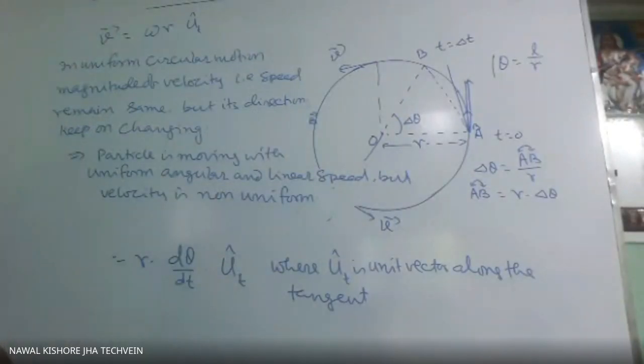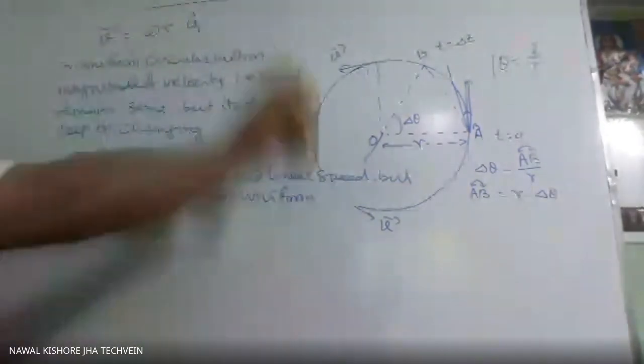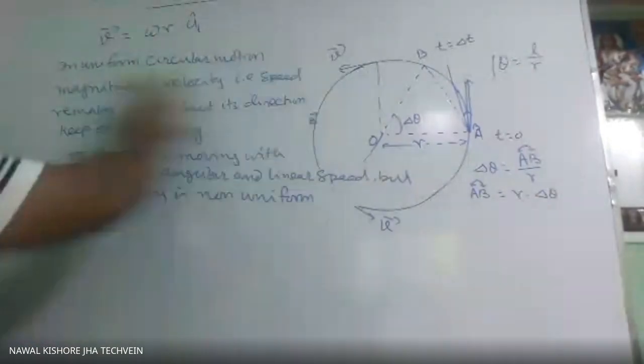So if velocity is non-uniform, that means it will have acceleration, because acceleration is the rate of change of velocity. So if velocity is non-uniform, that means the particle is having acceleration. And we will derive the expression for acceleration now. Till this part was for velocity.